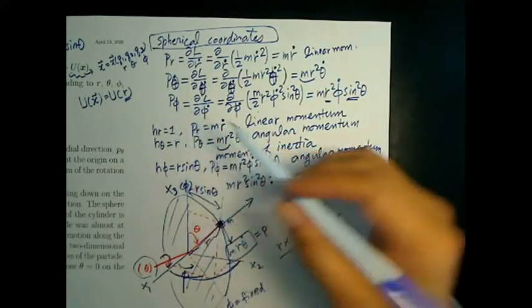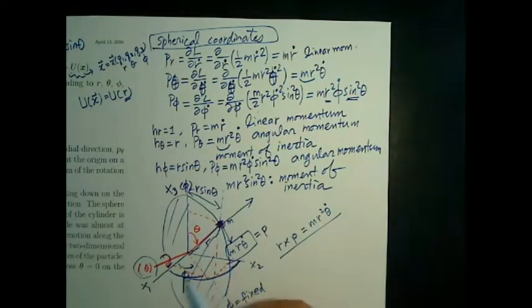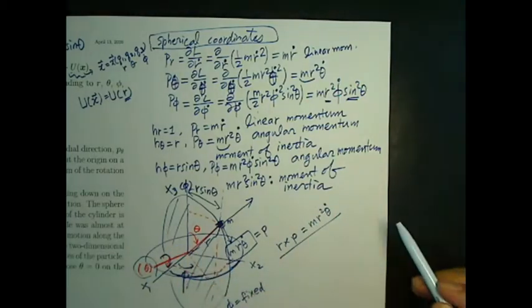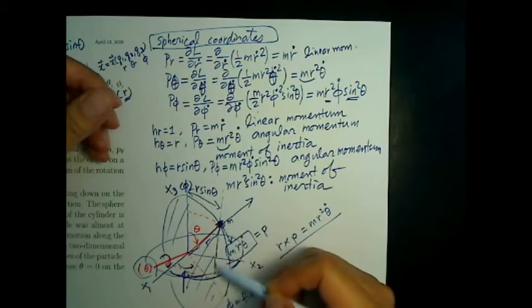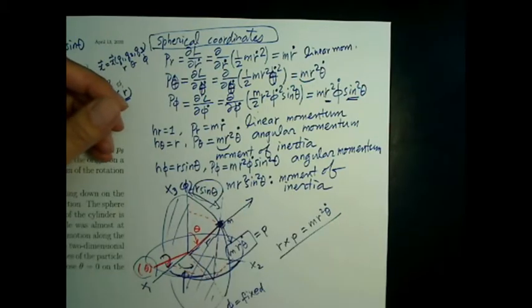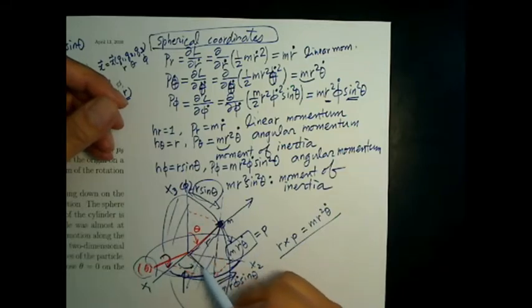And the rotation about the angle phi is actually about the z-axis. The phi rotating plane is just the xy plane, and this is the z-axis, this is r, and the lever arm is r sine theta. Therefore, the mass times velocity, r phi dot sine theta, and this is the velocity, and this is the lever arm, r sine theta.